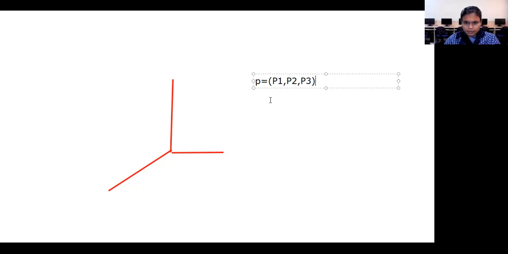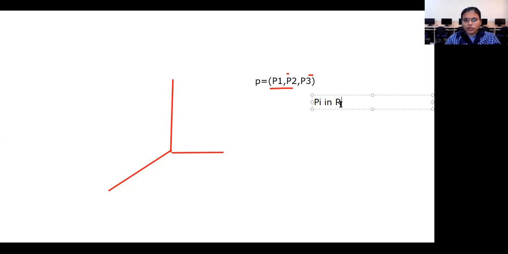What will be this P1? This will be the X coordinate. What is P2? This will be Y, and this is the Z coordinate. But what is the nature of these P1, P2, P3? These are nothing but real numbers. So I can write directly that each Pi is in R, each Pi is a member of the real line.